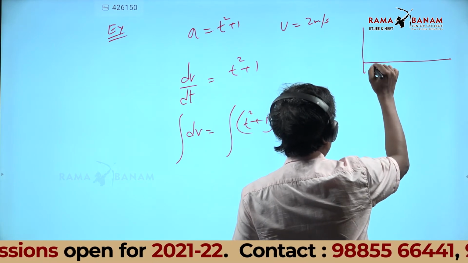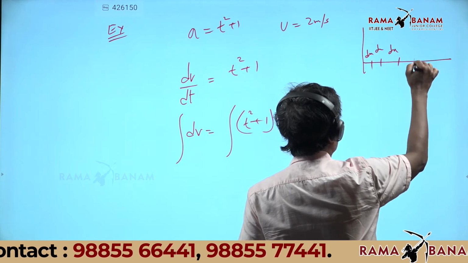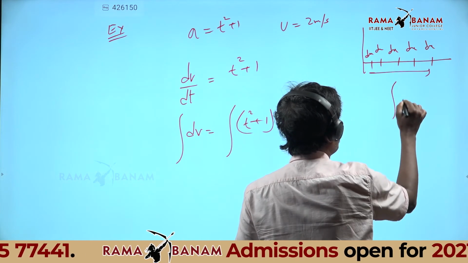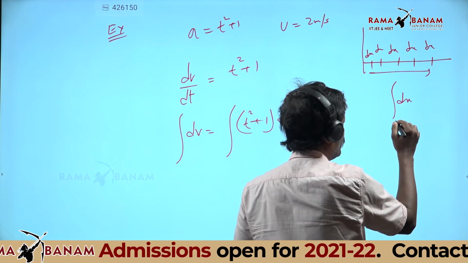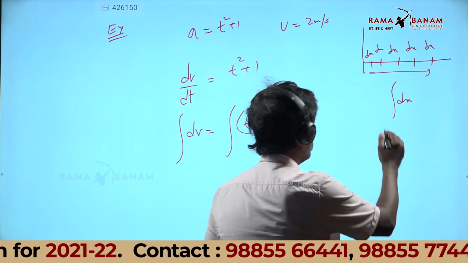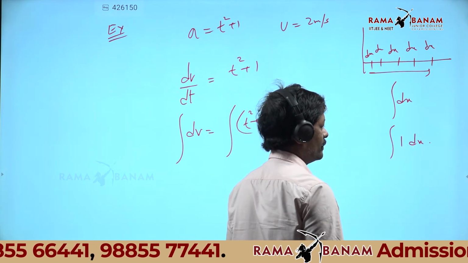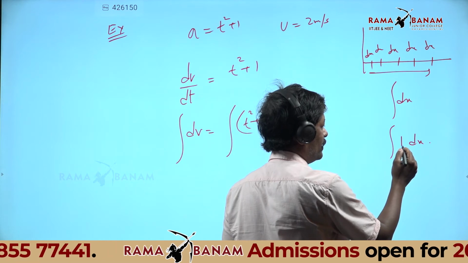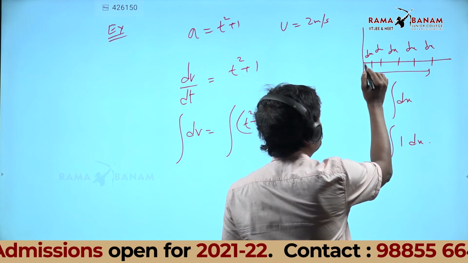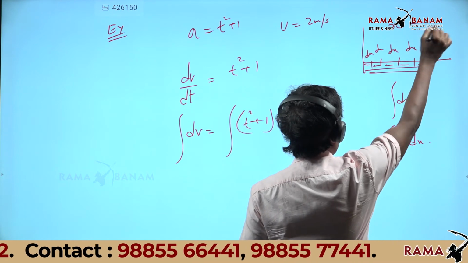Suppose this is dx, dx, dx, dx. Integral dx, actually it is 1 dx. Integral dx will give you x.